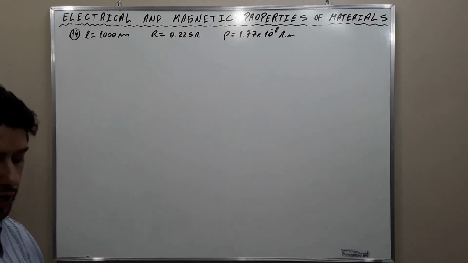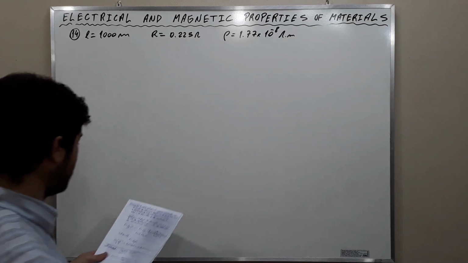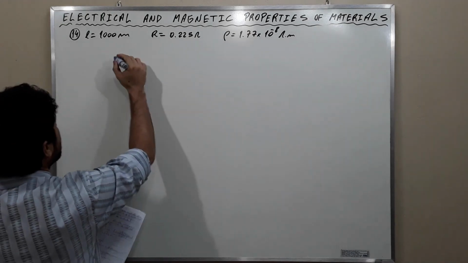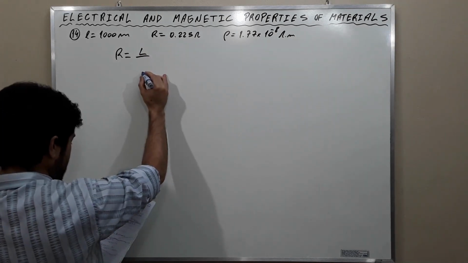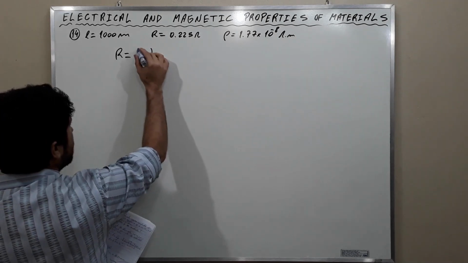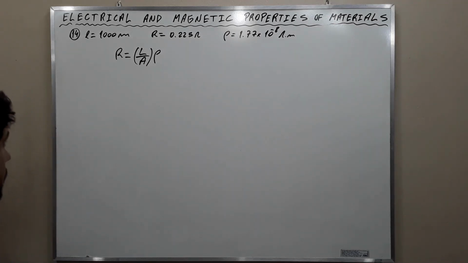To find the diameter, we're going to use the resistance formula to calculate the cross-sectional area. Okay? We know that R is equal to L over A times rho. Okay?